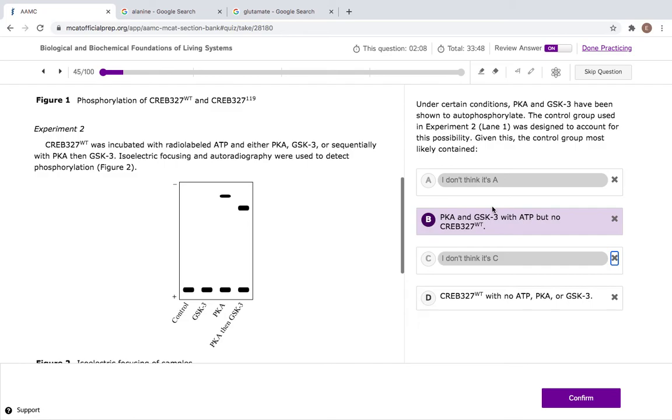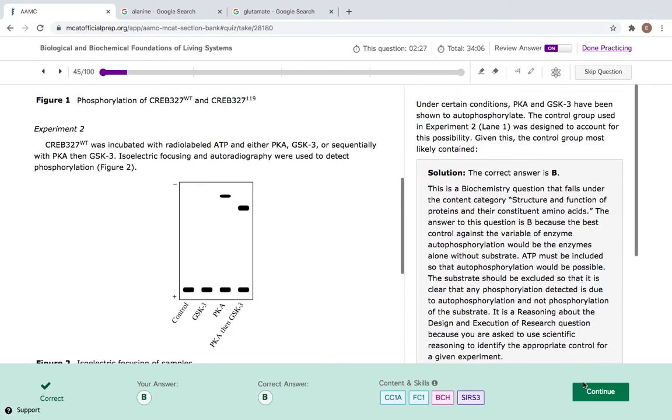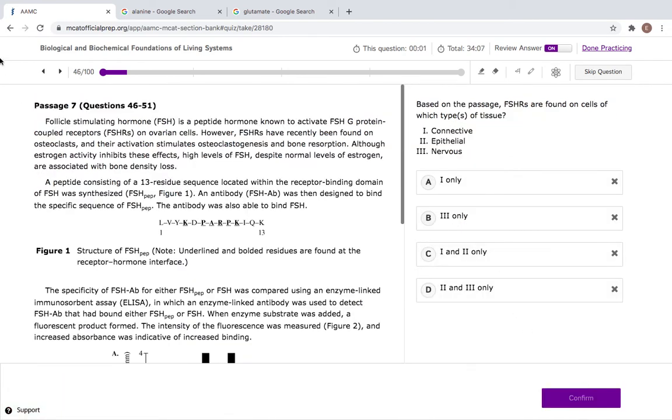We're talking about PKA and GSK3 autophosphorylating themselves. So we want to see something where PKA and GSK3 have phosphates on them. If we don't have ATP or GSK3 or PKA, what are we measuring here? We're measuring nothing. So you go away. This is a better answer. Boom. Let's go. Oh, and that was it.